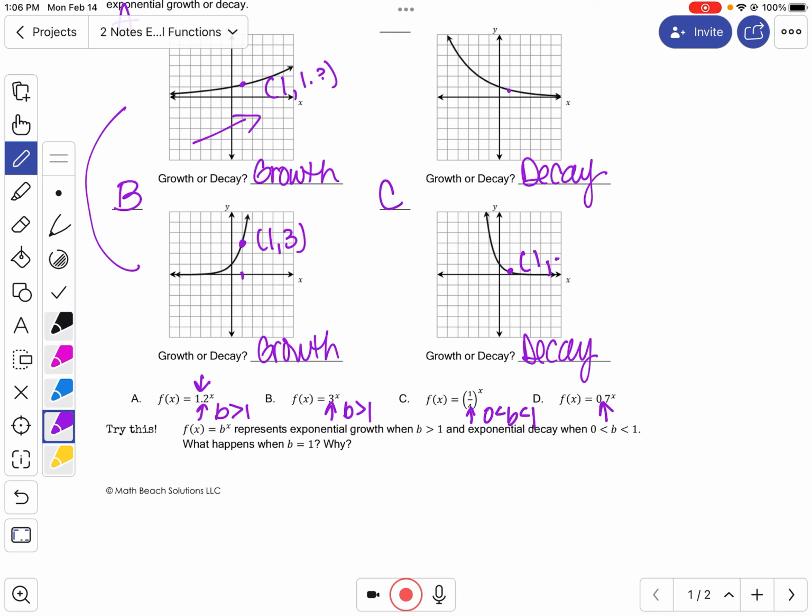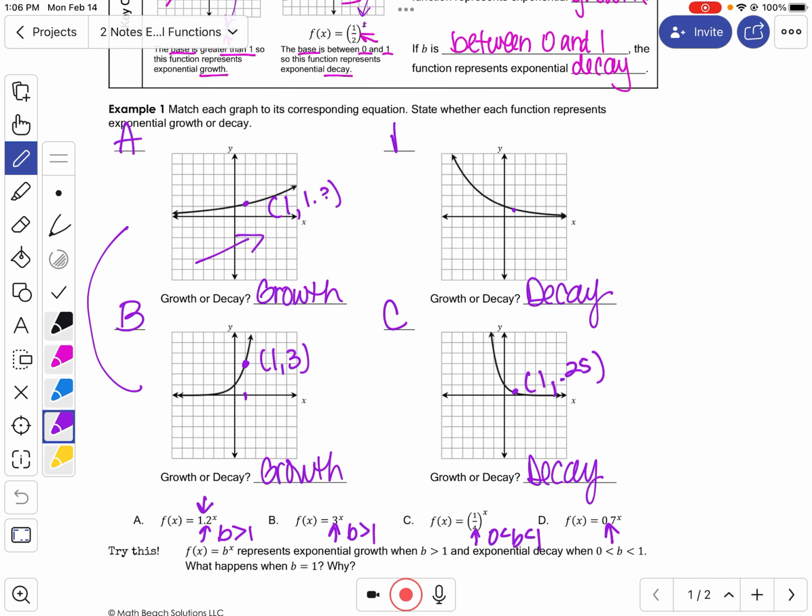So this would be C, and I'll say this is 1/4 or 0.25. And then this would be D. You're having to look at it. Again, a great way to look at it is when x is 1. Notice this one looks more like 0.7. So when x is 1, your y is your base. That's a great way of determining what the base is, okay?